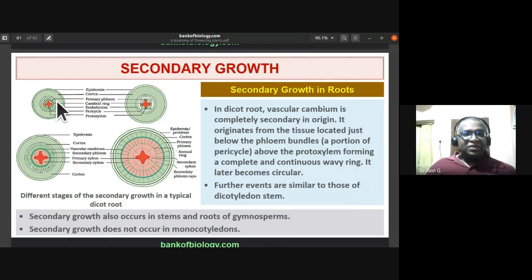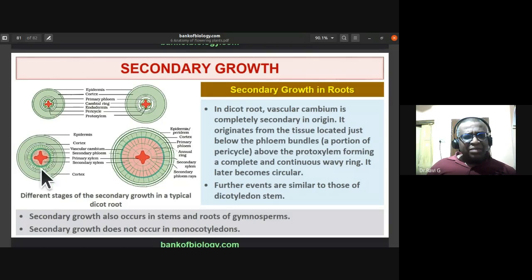If you look into this diagram, this is the early young dicot root. You can notice the tetrarch condition of xylem alternating with phloem. Now they have the pericycle above the protoxylem elements. A few cells of this layer of pericycle differentiate to form secondary meristem, and this secondary meristem is wavy in nature, which we call the vascular cambium.